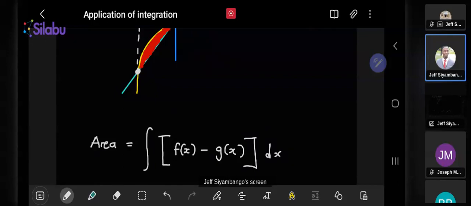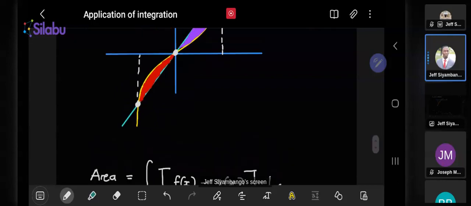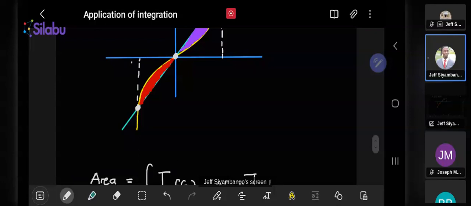If I say this is point A and this is point B, let's take the origin here, where x is equal to 0. Observe that when you're moving from A to x equals 0, the upper boundary is going to be f of x. The lower boundary is g of x.